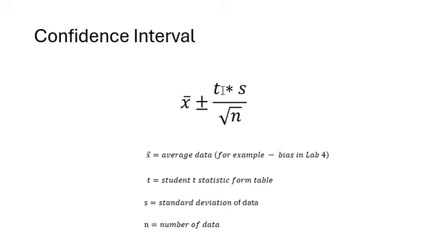This little t represents just a number, a standard number that we're using from the table. S is your standard deviation, and N is your number of data. Of course, don't forget to square root it. So you multiply t and S divided by the square root of N. Add that and subtract that from the mean, and that is going to give you that interval.